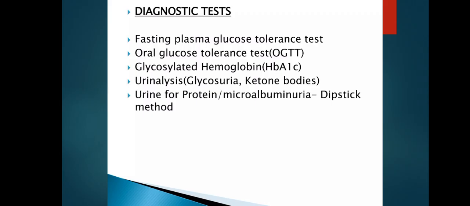Diagnostic tests. What will be the possible diagnostic tests for diabetic patients? We will do the fasting plasma glucose test. Another test is the oral glucose tolerance test, mainly known as OGTT, and the most commonly used is HbA1c, glycosylated hemoglobin.